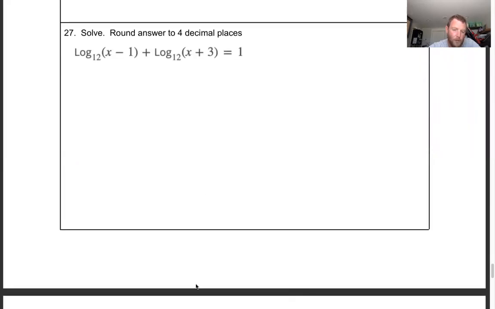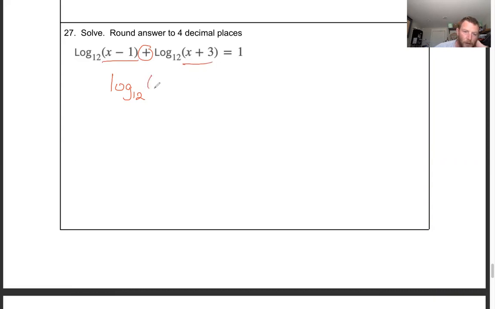Next, solve it. Round your answer to 4 decimal places. Okay, so we can't ever solve anything that has these 2 things in it. We got to condense it first. Okay, so when we condense this thing, it's a plus. Are the bases the same? Yes. What is the base? Log base 12. And since it's a plus, what are we doing to this and this?